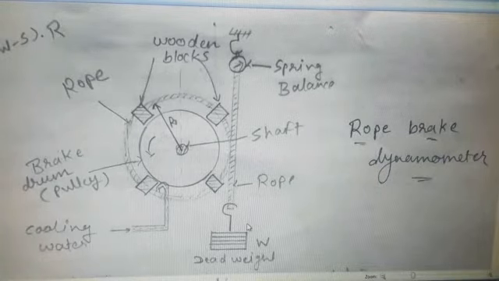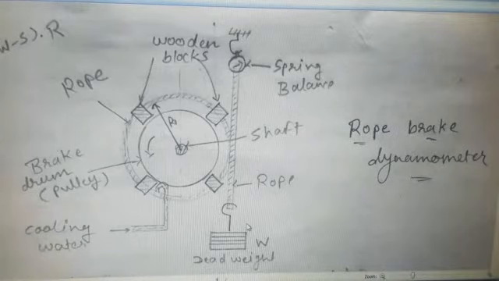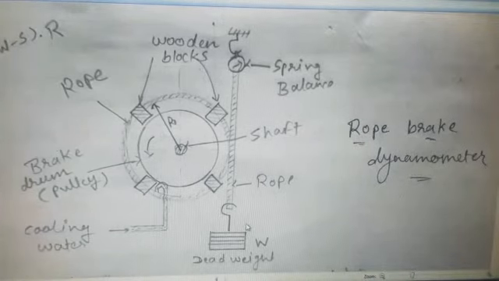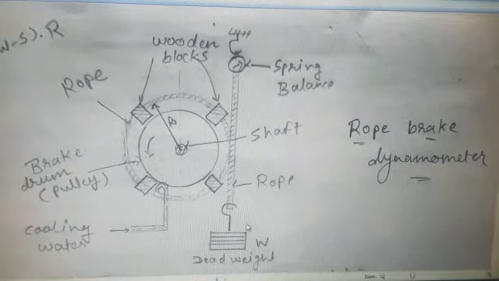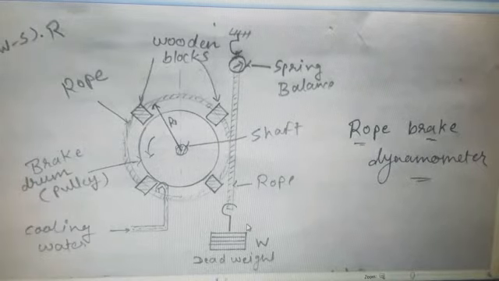As I discussed earlier, to avoid slipping of the rope over the pulley, 3 or 4 U-shaped wooden blocks are placed at equal intervals around the circumference of this pulley. Clear? Due to friction between the rope and drum, a high amount of heat is generated.